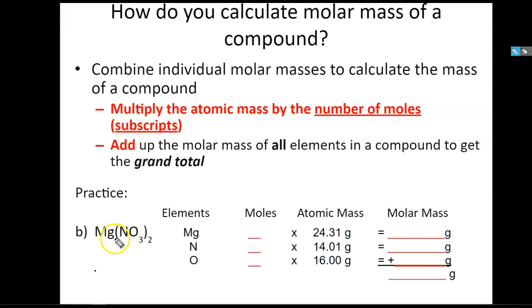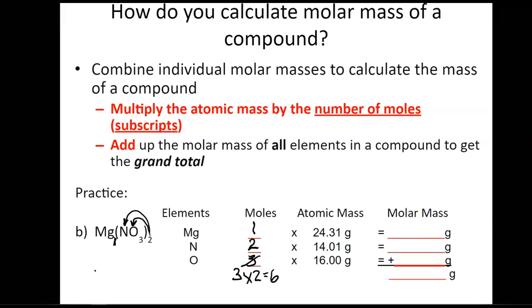So I know that there is an imaginary 1 right here, and I know that this 2 distributes inside the parentheses like this. So that means I have 1 mole of magnesium, but I have 2 moles of nitrogen, and I have 3 times 2, so I actually have a total of 6 moles of oxygen. So when I do that math, I am going to remember to multiply by my subscripts.